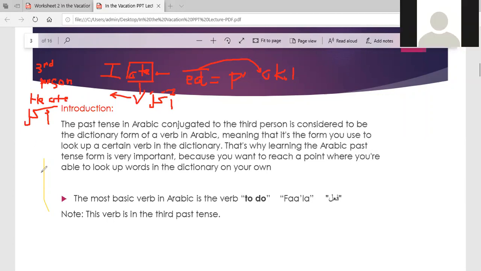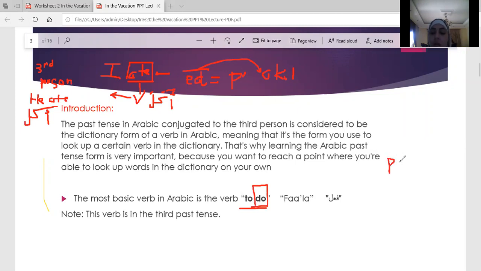Yeah. Okay. The most basic verb in Arabic is the verb to do. So you are going to base everything regarding the past tense on the verb to do as a reference point for any verb I give you. To do is what? Do you remember what do you mean by do in the past tense?